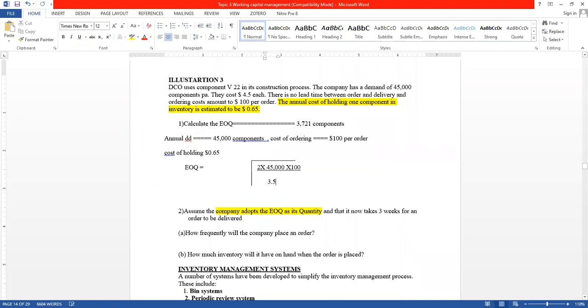Then divide by 0.65. So what do you get? Do you get what you are telling us, or do you get something different? I'm trying to calculate that.